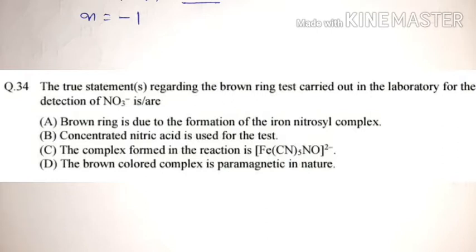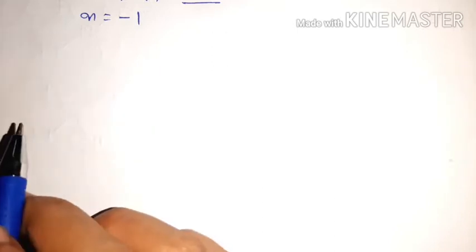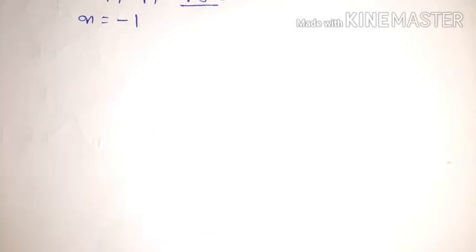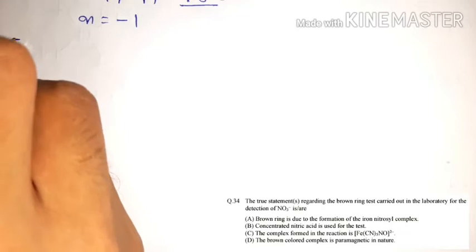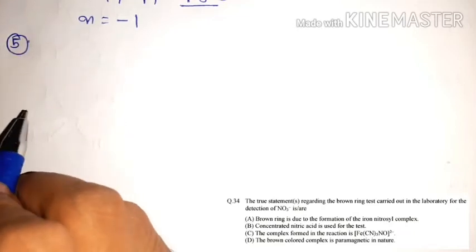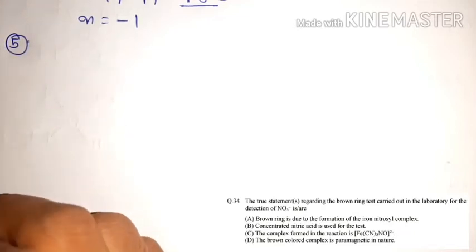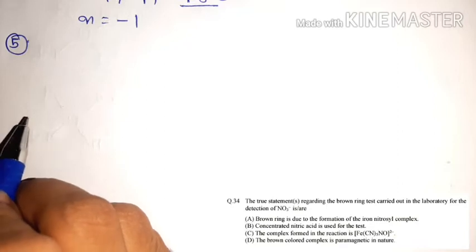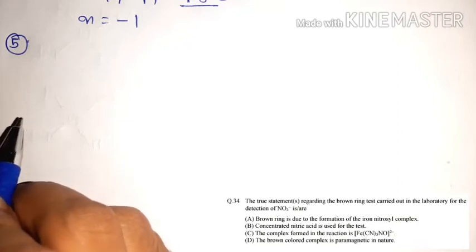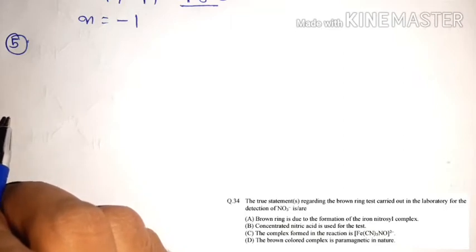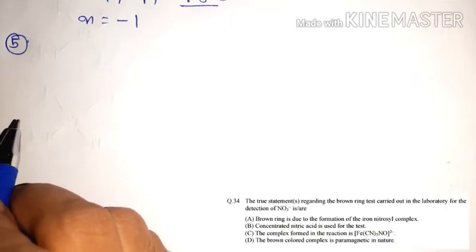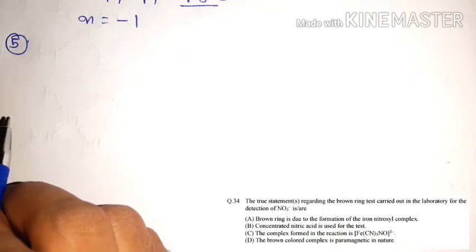Okay, so let's do the solution of this question. See friends, a brown ring test is performed to detect the presence of nitrate ion in solution. It is a very frequently used test in our laboratory for testing of nitrate ion in our solution.